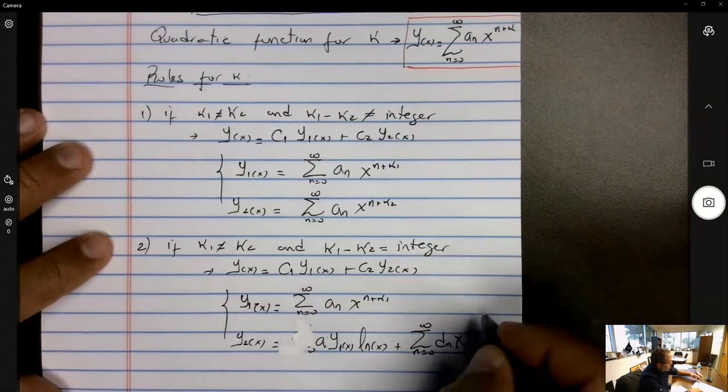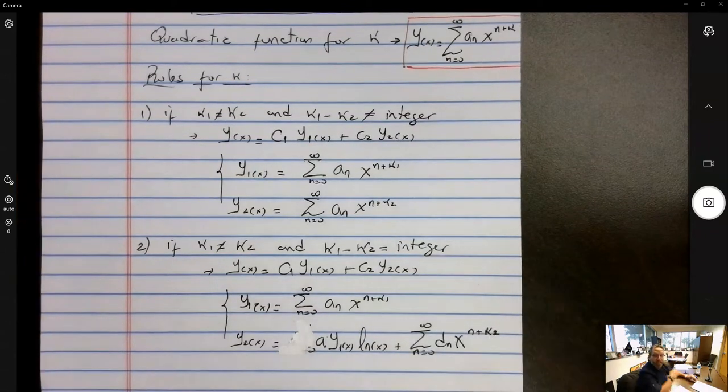So it's just an algebraic mix of k1 and k2.